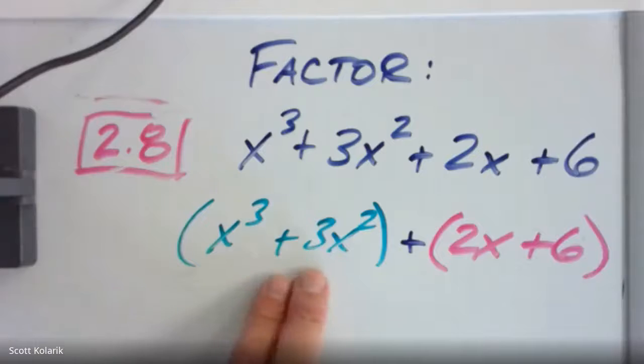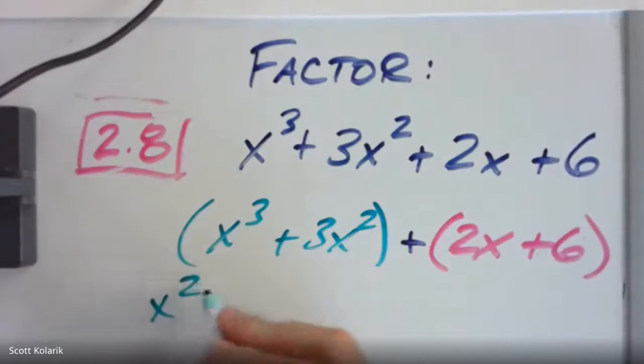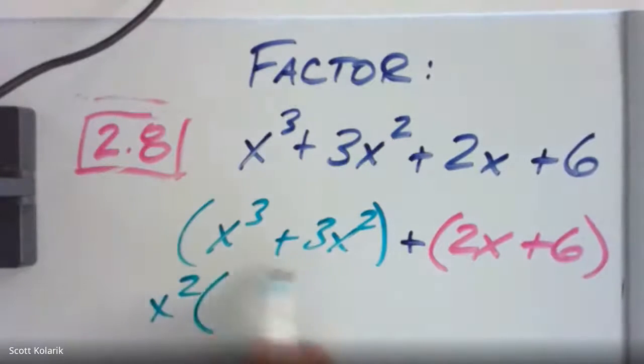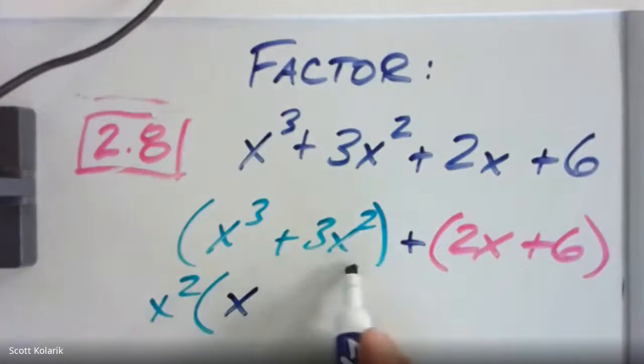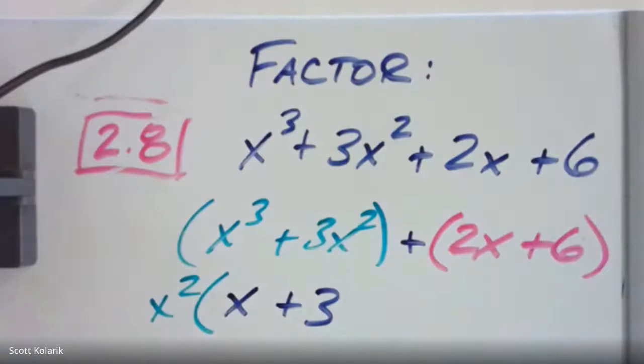In this blue group, the only thing in common is x squared. No numbers in common, but 2 x's are in common. When I pull out x squared from x cubed, I'm left with a single x. And when I pull x squared out of 3x squared, I'm just left with positive 3. All right, group 1 done.